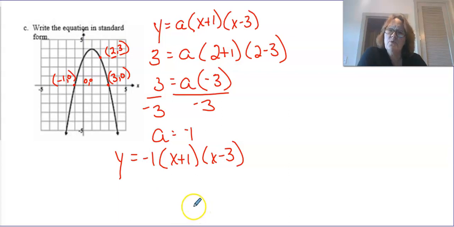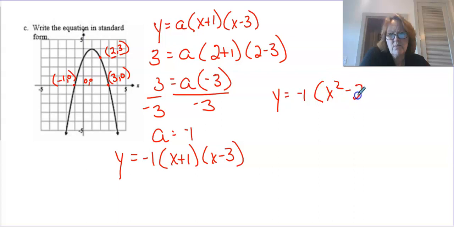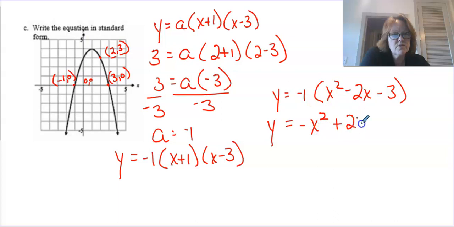It'll probably be easier to do our binomials and then multiply everything by -1. So y equals -1 times (x squared minus 2x minus 3). Then I just need to multiply by -1 through. y equals -x squared plus 2x plus 3.